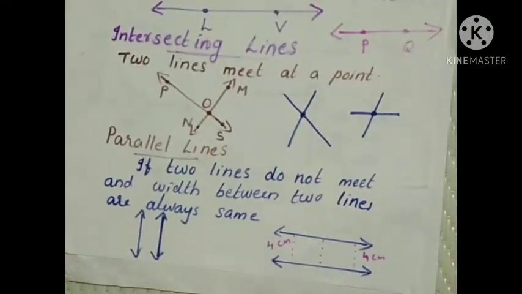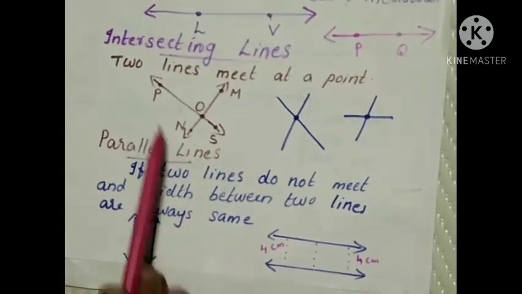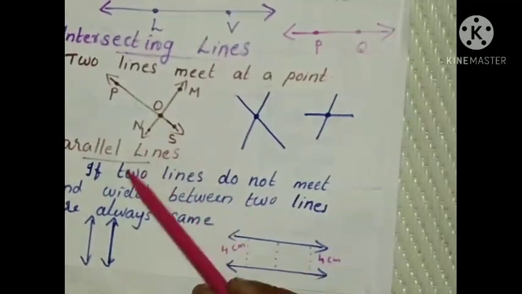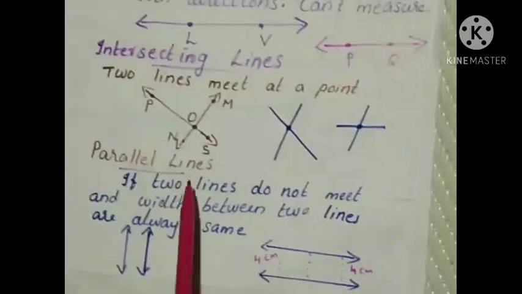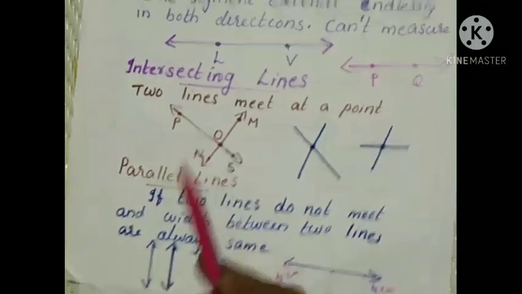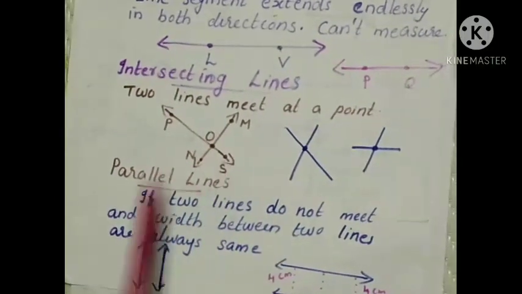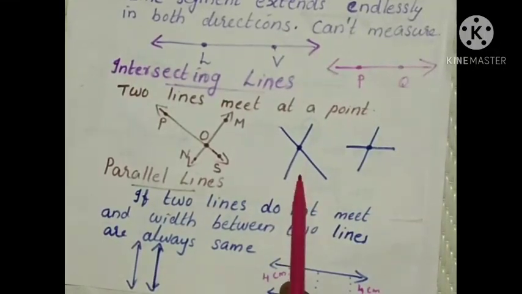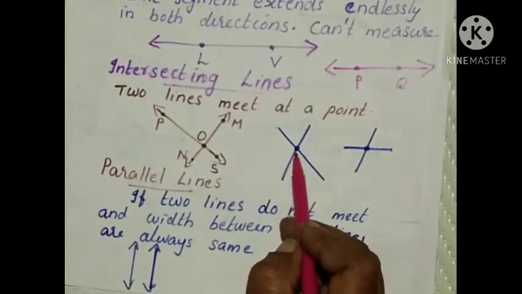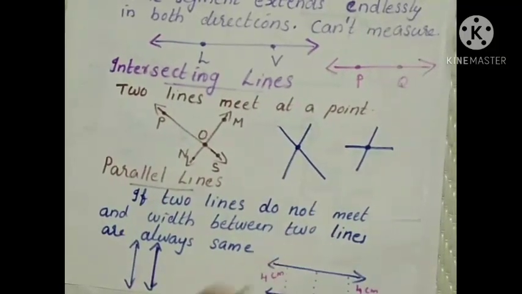Now intersecting lines. Then 2 lines. This is PS and MN. Both are 2 lines. These 2 lines meet at a point. This is meeting at the point O. Therefore, these 2 lines are called intersecting lines. Other examples, we can draw in any way, but they have to meet at a point.